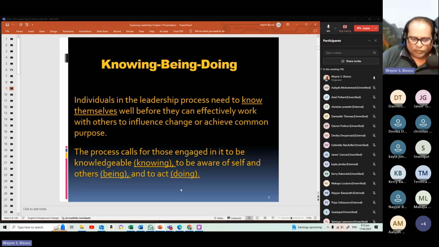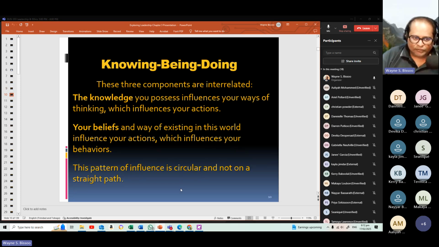The model is going to call for us to put that three-stage process into constant action, because those three components are going to have to take place over and over again for us to constantly learn more, constantly review how your belief structure will influence how you act with other people.